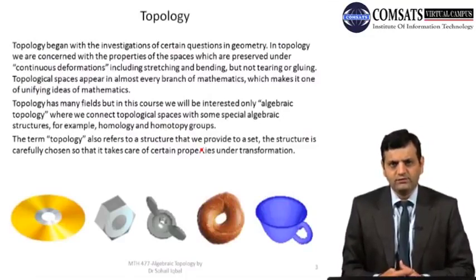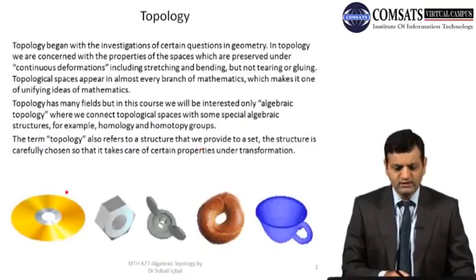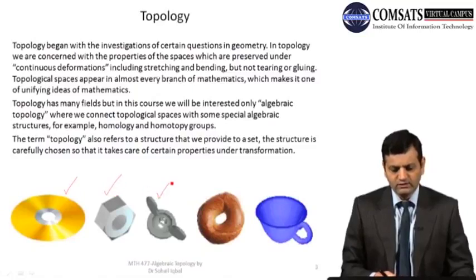But we are concerned in topology with the properties of the object which remain the same under continuous deformation. For example, you can see that this CD under some continuous deformation becomes this bolt, and similarly I can do another continuous deformation to define this object, and similarly I can define a donut and a cup and so on.